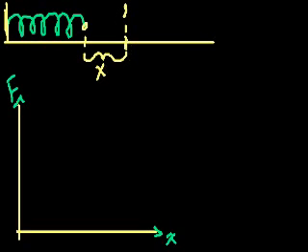Well, this was its natural state, right? Hooke's law told us that the restorative force, I'll write a little r down here, is equal to negative k, where k is the spring constant, times the displacement. That's the force that the spring applies to whoever is pushing on it.